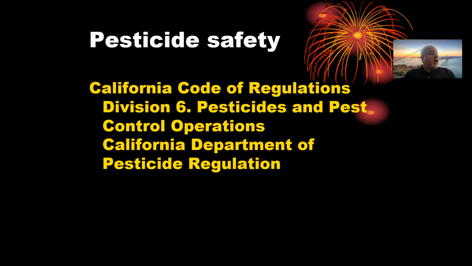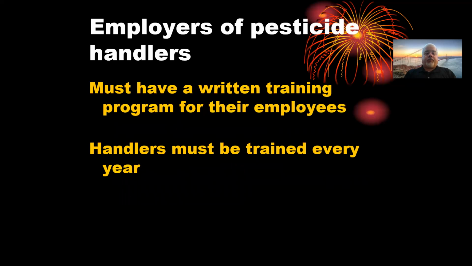Pesticide safety. The California Code of Regulations, Division 6, Pesticide and Pest Control Operations, under the California Department of Pesticide Regulation, California DPR. Employers of pesticide handlers must have a written training program for the employees.